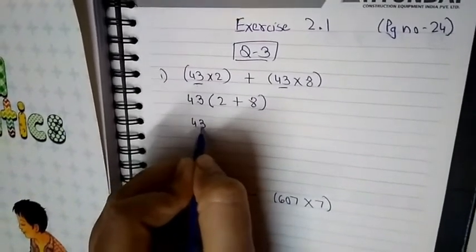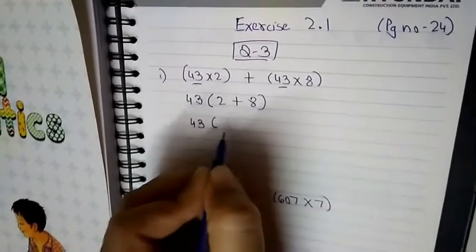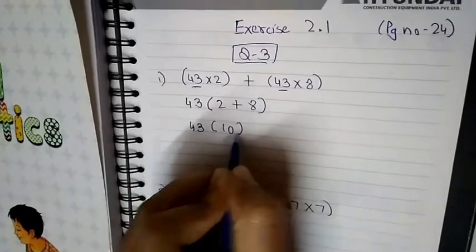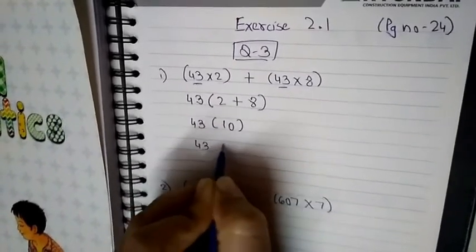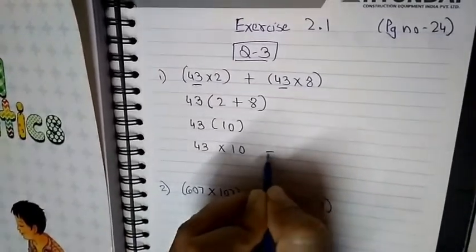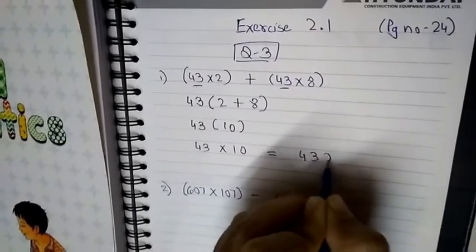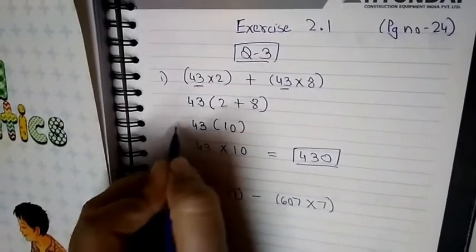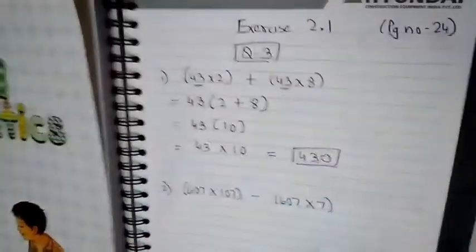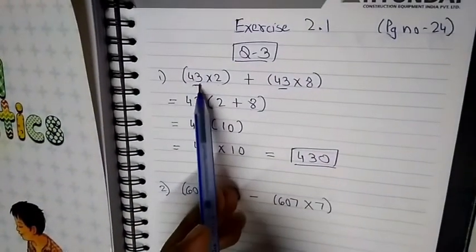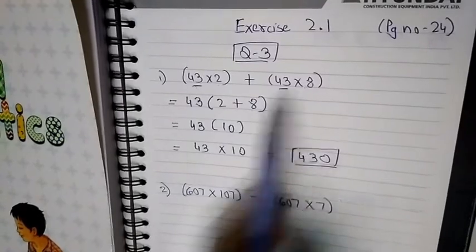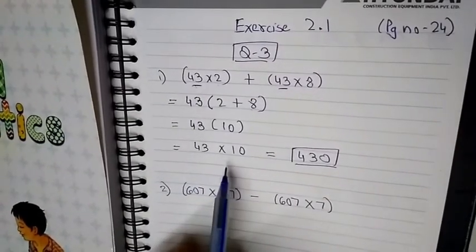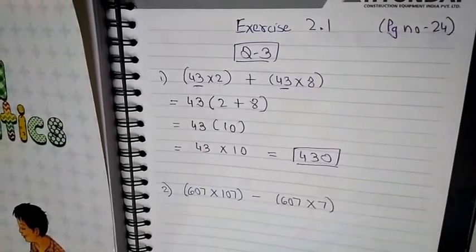So 43 into 8 plus 2, which gives you 10. So 43 multiplied by 10 is equal to 430. This way you are going to solve this sum. You will not actually multiply these numbers, but you will multiply in an easy way to get the answer.